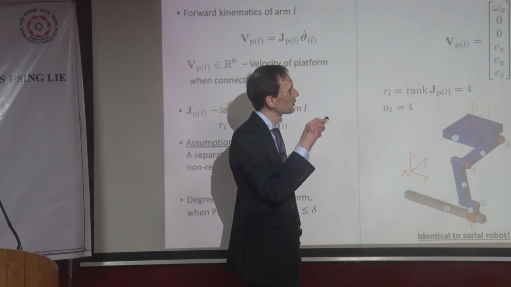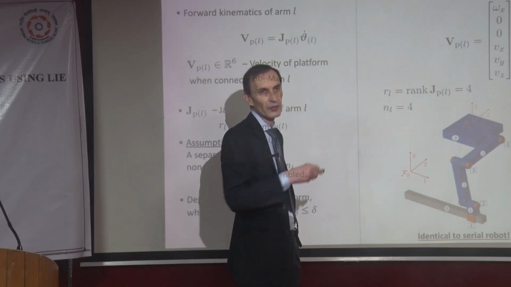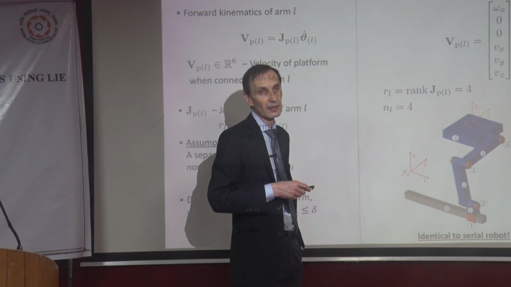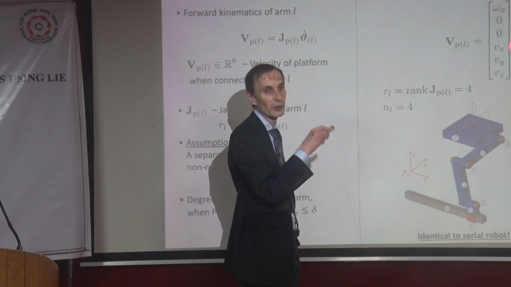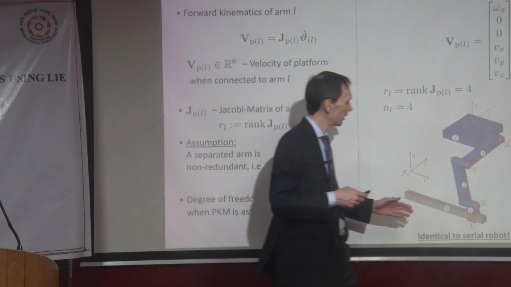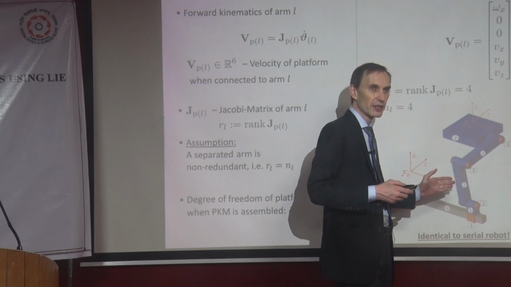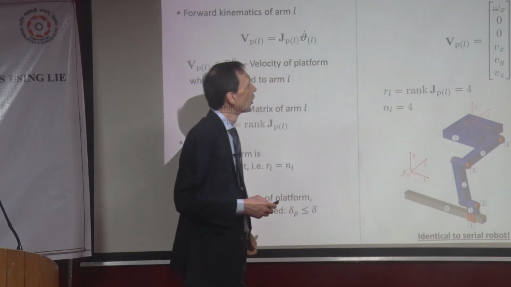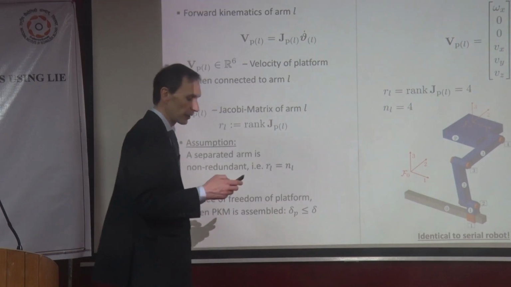And then we concluded this is the possible platform twist. Yeah, exactly. It's 4 because you have 4 components here. So you have the x, y, z translation and the rotation about this axis. All right. Okay, good.